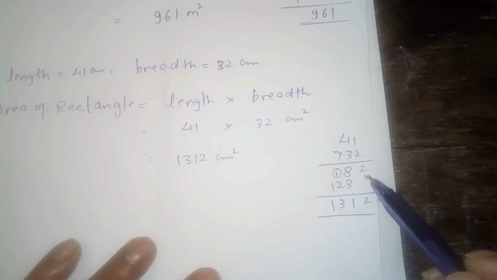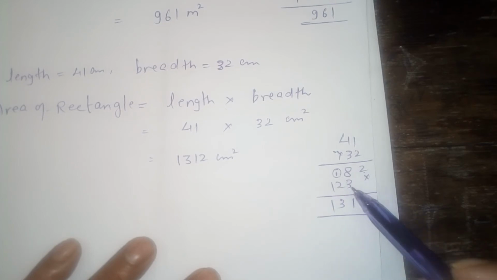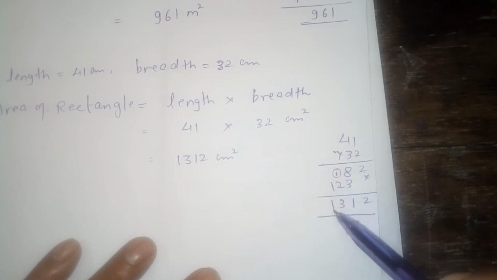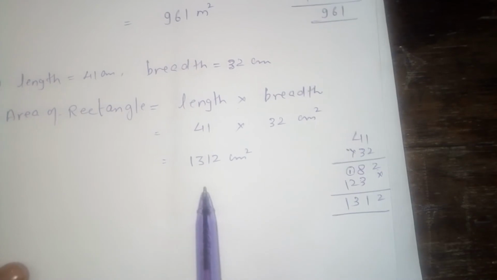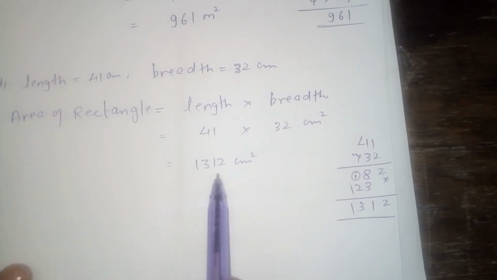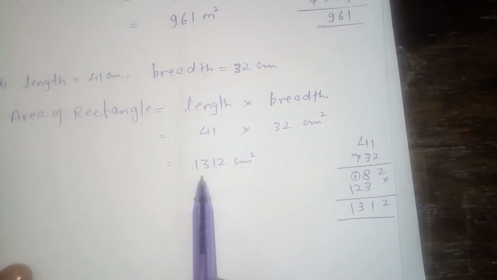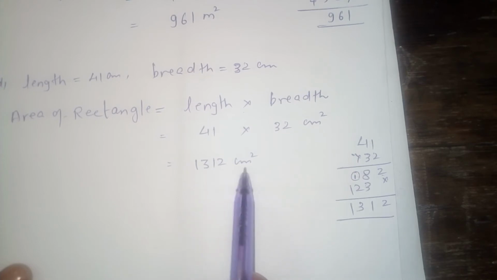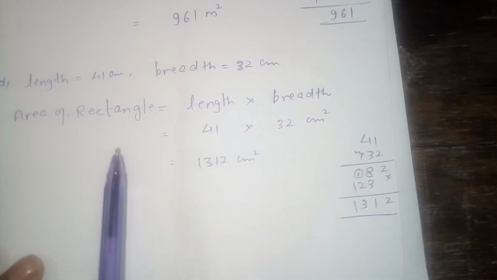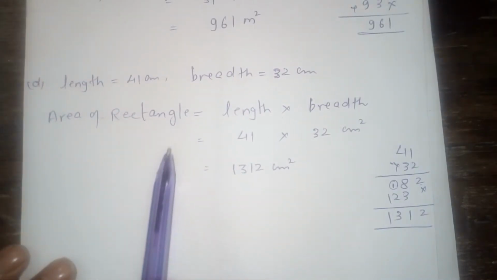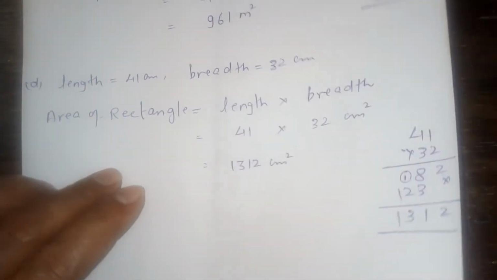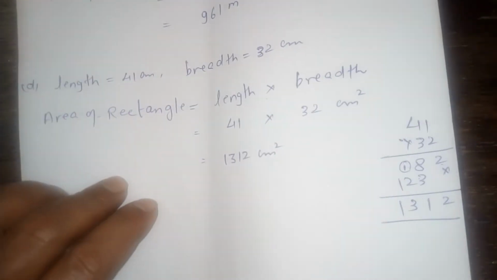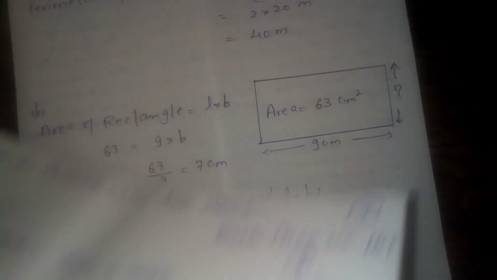After adding, 2 plus 0 gives 2. 8 plus 3 is 11, this is 1, carry over is 1, 1 plus 2 is 3, and this is 1. The answer is 1312. 1312 square centimeter is the area of the rectangle. Okay, this is the required answer for your question.